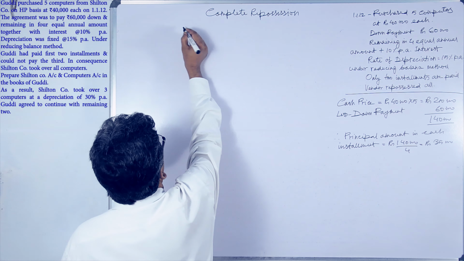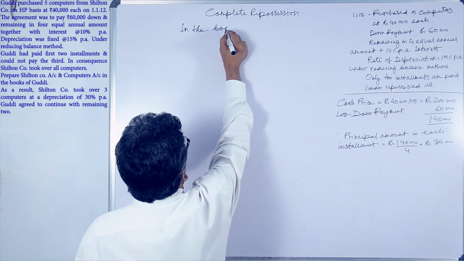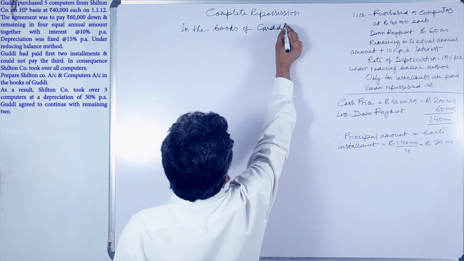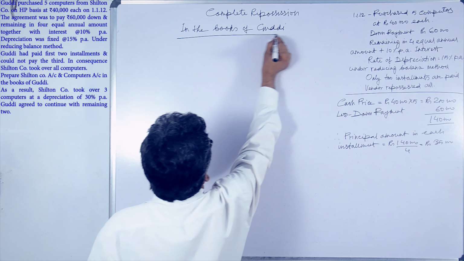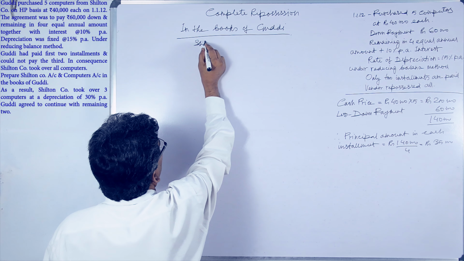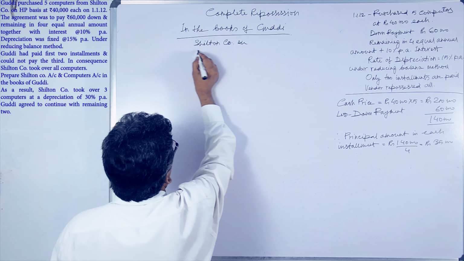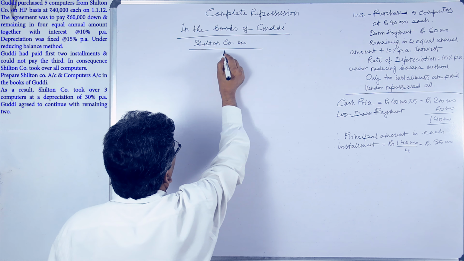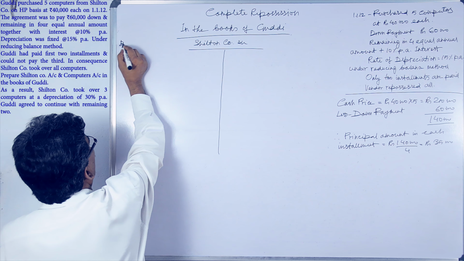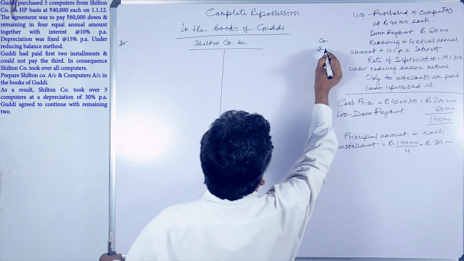Now we'll come to the ledger accounts in the books of Gooddeep. Shilton Company account. Don't forget to write the dividend credit, even that rupees.